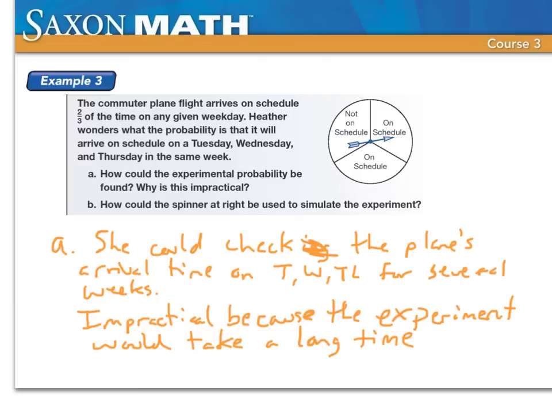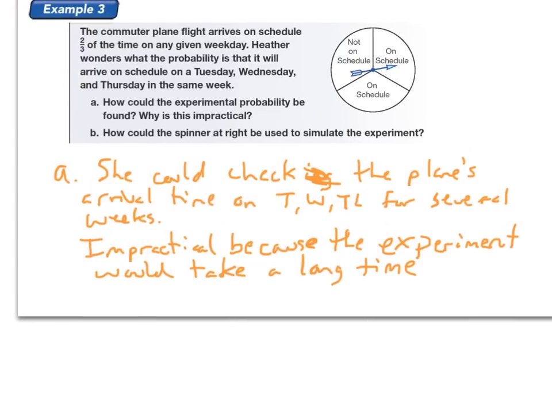So how could the spinner be used? Well, each spin could represent 1 flight. So she spins it once. That's 1 flight, either on time or not on time.